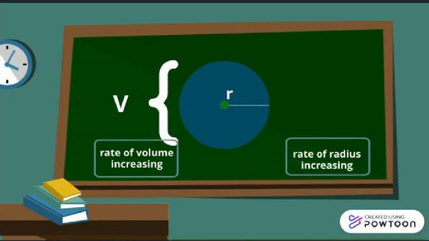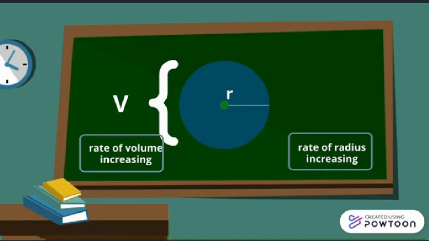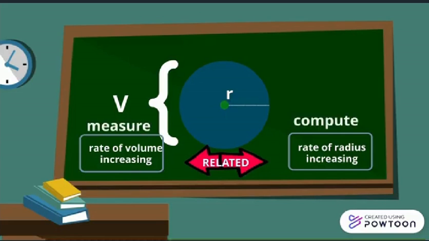Both of these values are increasing due to the expansion of the balloon, and the rates of increase are related, hence related rates. But one of these is probably much easier to calculate than the other. So rather than trying to measure both, let's measure the one that we can and compute the rate of change in the other. So that is what related rates are used for.